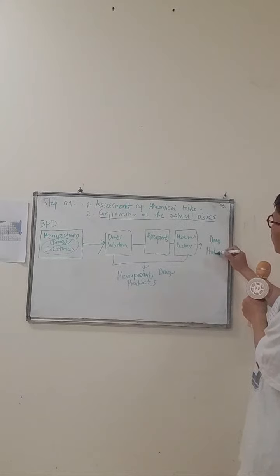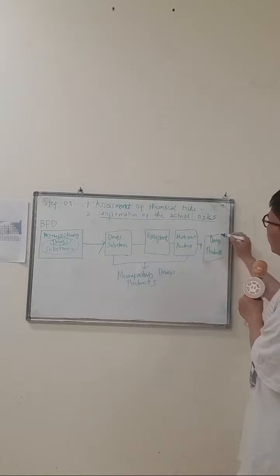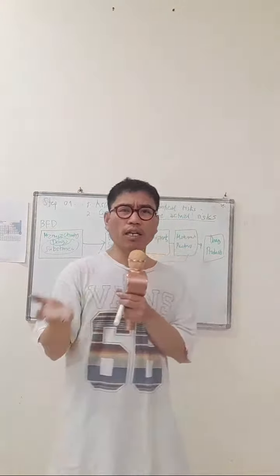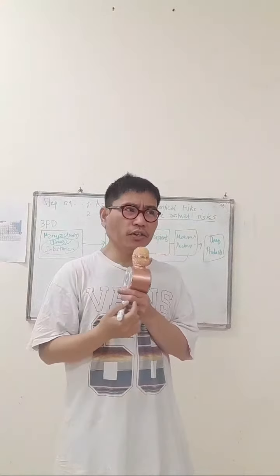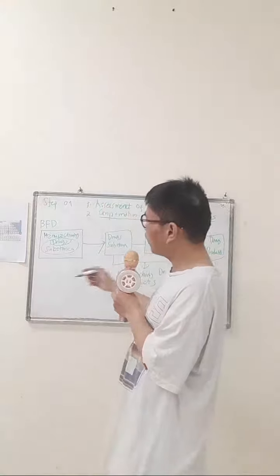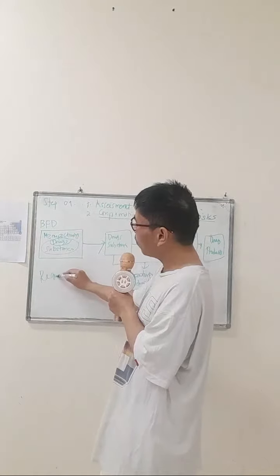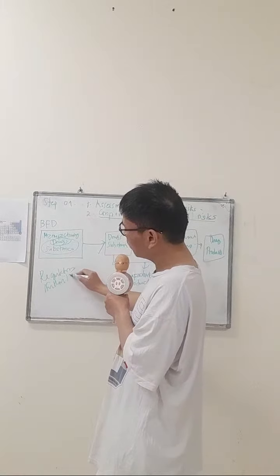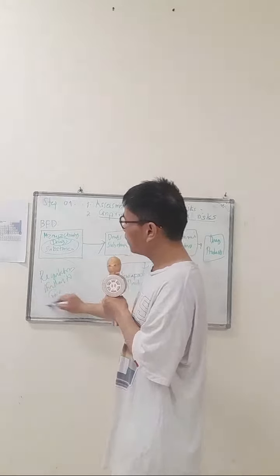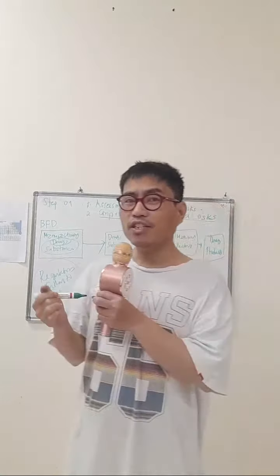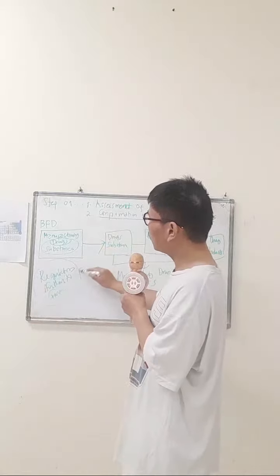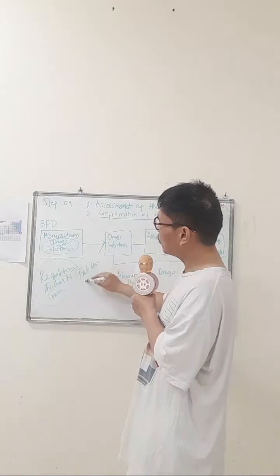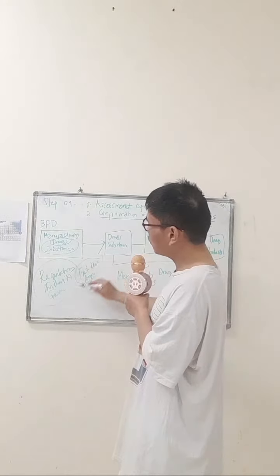So, before it will be circulated and distributed to the market globally, locally, and internationally, it will be approved by the regulatory authority, the government. So usually, for example, we have the Food and Drugs Agency, FDA.